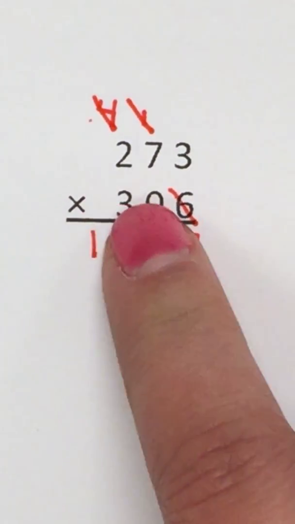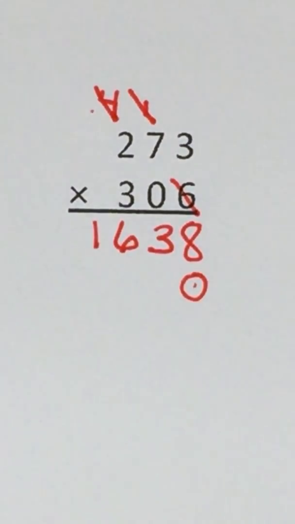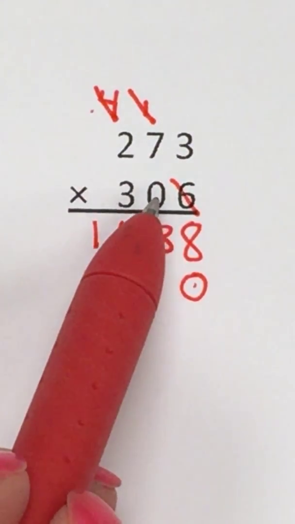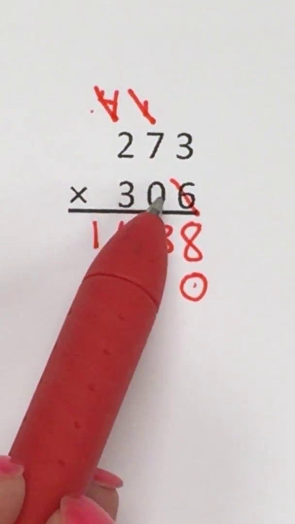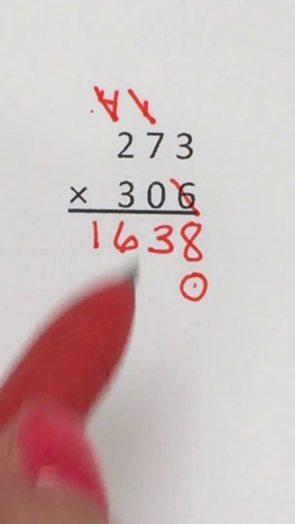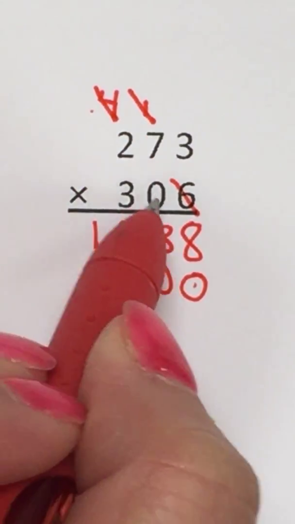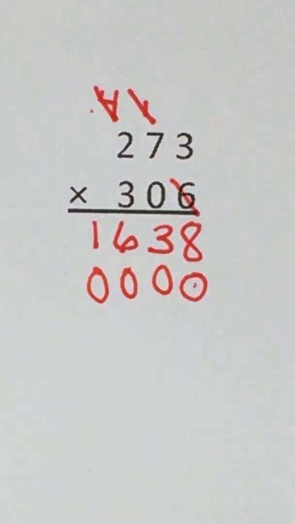Okay, now I move over to the tens place, and I'm going to do all of my multiplication by the tens place. Now, you can write all of this out. If that helps you to keep your place, please do it. So 0 times 3 is 0, 0 times 7 is 0, and 0 times 2 is 0.